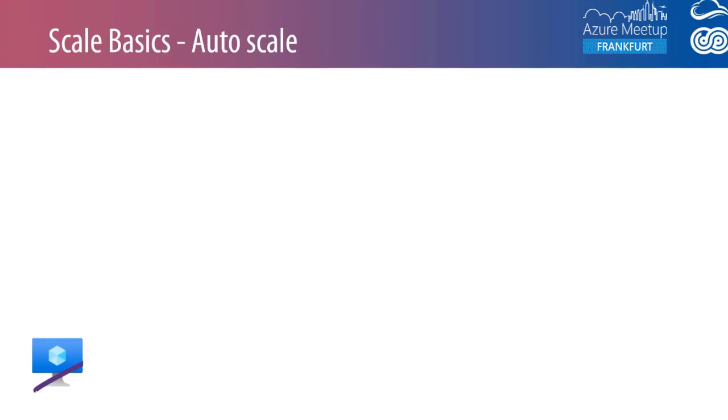So we've got a little graphic here. Imagine our website walking along. I'm going to represent the number of instances we've got, and the purple line is going to represent the load, how much traffic is coming to these websites.